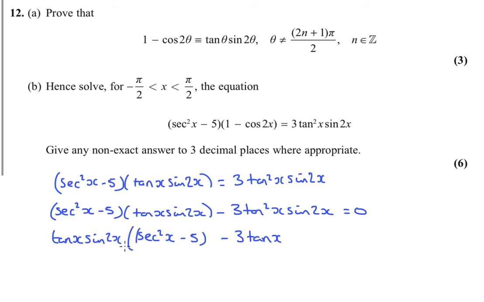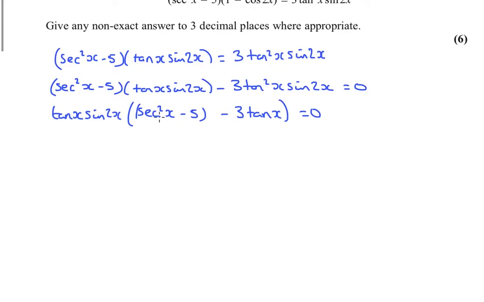Again, if you times these two things together, the tan x sine 2x times this, you'd get this term here. So that's it factorised out. So we've then got this term or this term needing to equal 0. So either tan x sine 2x is equal to 0, or this big bracket here is equal to 0. Let's deal with this first.